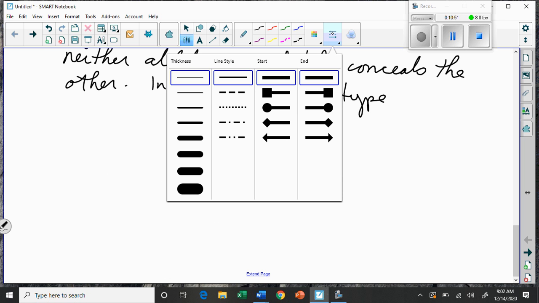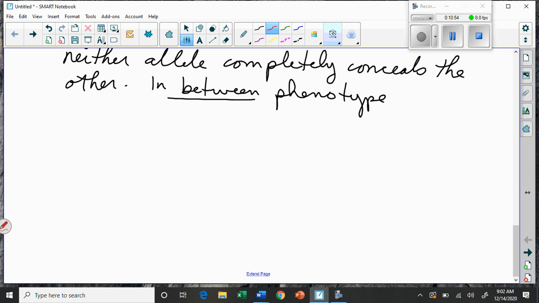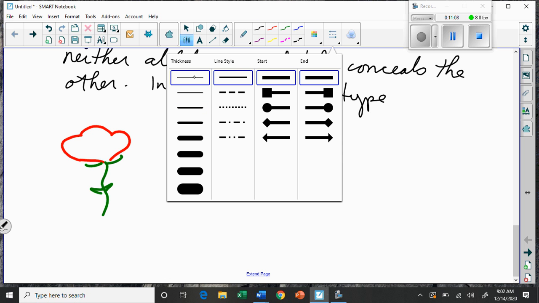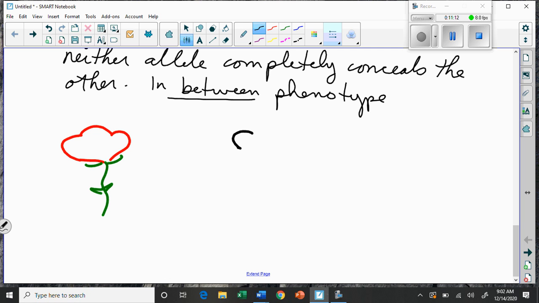Let's say we have these two flowers, and we take a red flower. There's some nice red petals. There, a red flower. And then we will pick a white flower, which I'll have to just draw an outline of, because I can't take a same species of flower which is white.